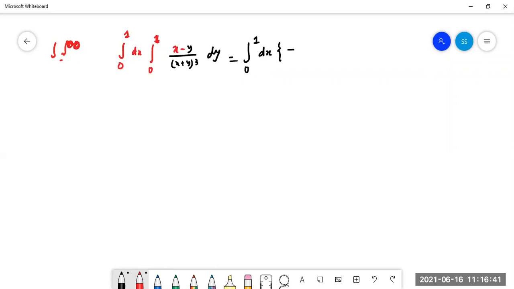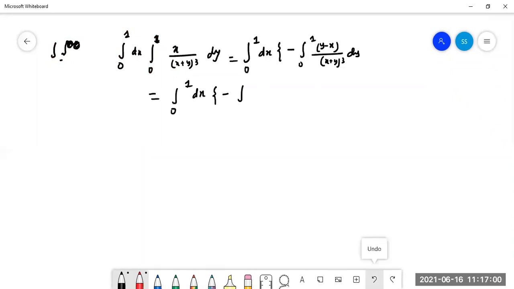If we take common minus from here, then integration 0 to 1 (y minus x) divided by (x plus y) whole cube dy. So from here we can write down 0 to 1 dx within second bracket minus integration 0 to 1.